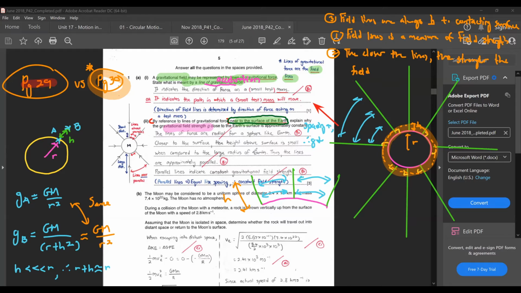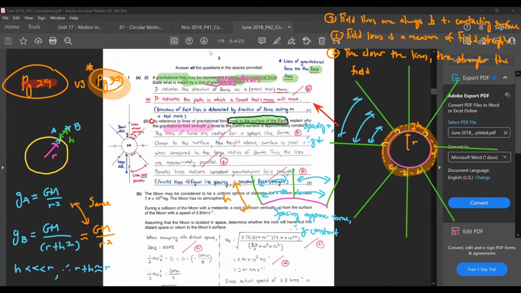For our case here, we can actually say that the line spacing is approximately the same. Therefore, g is constant.